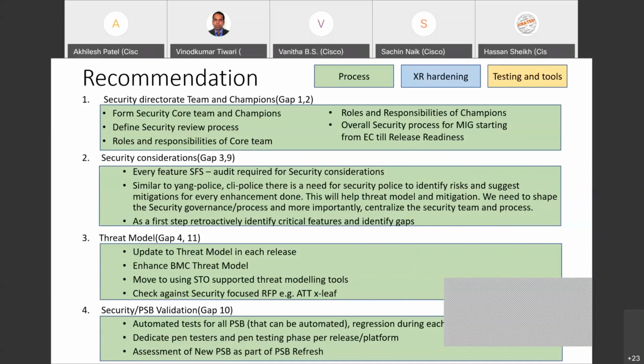With respect to Security Review Directorate team and champions, there is a security core team and champions formed. We have also defined the security review process, responsibilities of the core team, roles and responsibilities of champions, and overall security process for MIG. And it is put at EC level so that this becomes a gating factor right from EC, CC to the FCS.